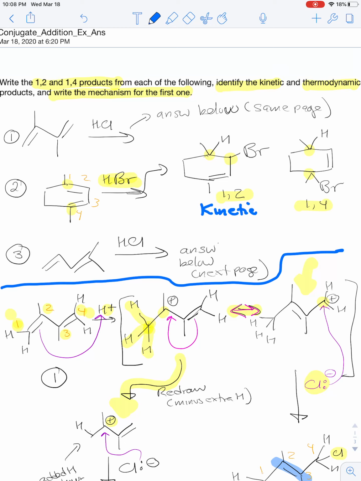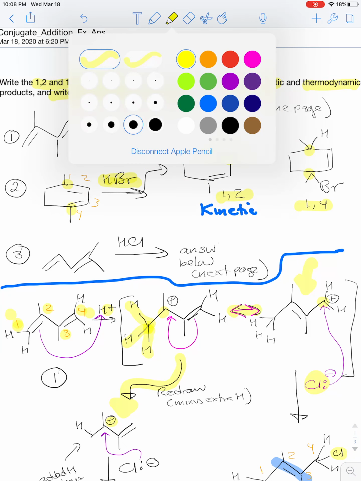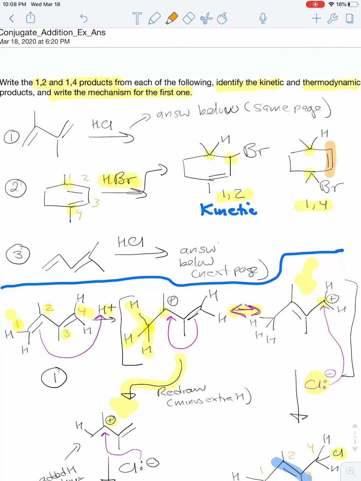If we look at the two double bonds, the 1,2 product has the more substituted double bond and is therefore considered the more stable product. So that makes the 1,2 product the thermodynamic product in addition to being the kinetic product. And therefore, we would just refer to it as the product because it's the product.